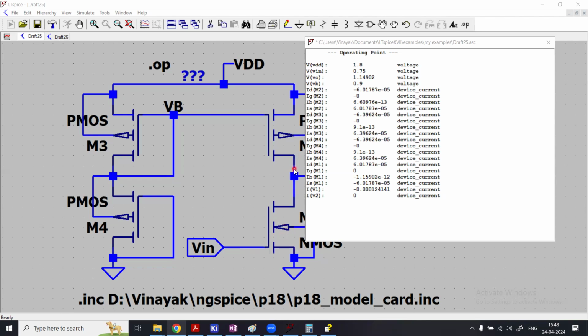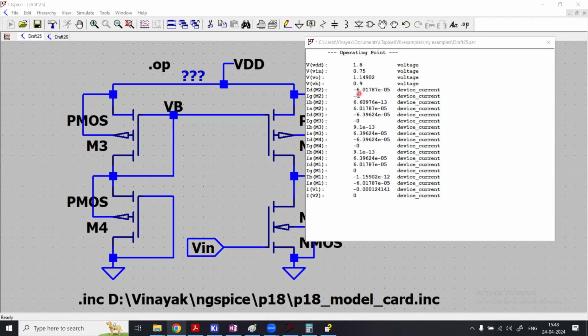What about this drop? 1.8 minus 1.1, which is about 0.7. So 700 millivolt, and the overdrive of this is about 0.9 minus 0.4. So this seems to be saturated again. This is not just seems, it is saturated. We'll check that. Okay, and these two guys are sort of saturated.